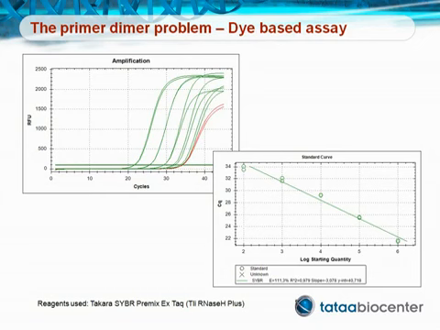If we look at the estimated efficiency from this straight line that has tried to fit the standard points, we see that it is above 100%. If you have an efficiency above 100%, check the fitting of the standard curve and see if you have a problem with primer dimers. You should of course not try to quantify anything with the standard curve fit like this.